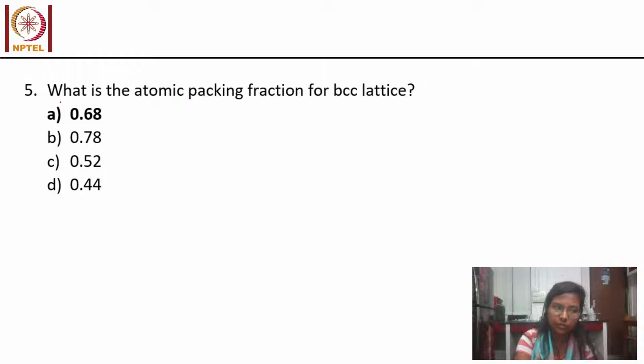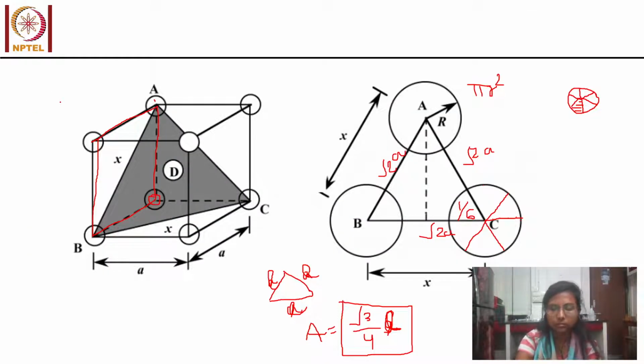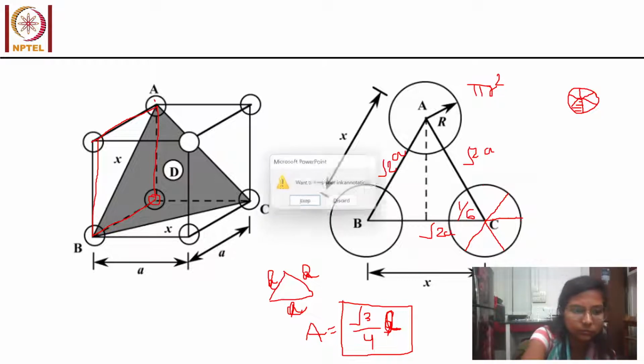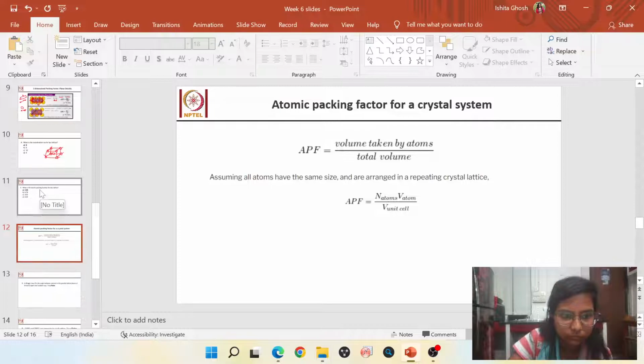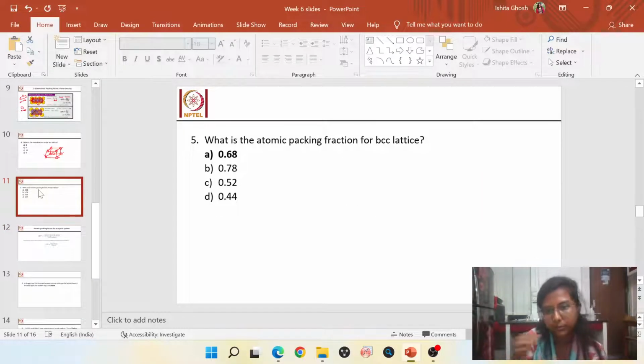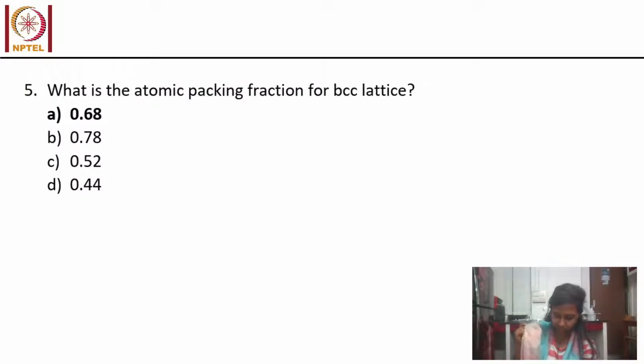Then we have this question: what is the atomic packing fraction for BCC lattice? So atomic packing fraction means it is in 3-dimensional. It is basically the 3D version of this planar density, right?